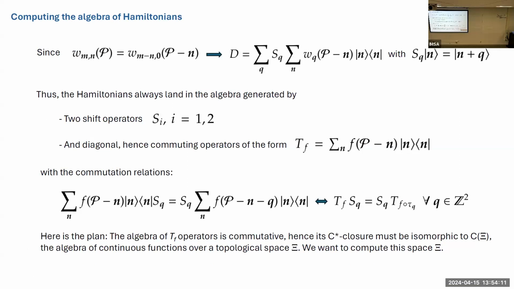And if I call this one Q, we will see that the Hamiltonian or the dynamical matrix can be written in this way. What we have here are the shift operators, which simply shift the index, and then inside this parenthesis is a diagonal operator. So the conclusion is that these operators always land in the algebra generated by two shift operators and diagonal, commuting operators of this form.